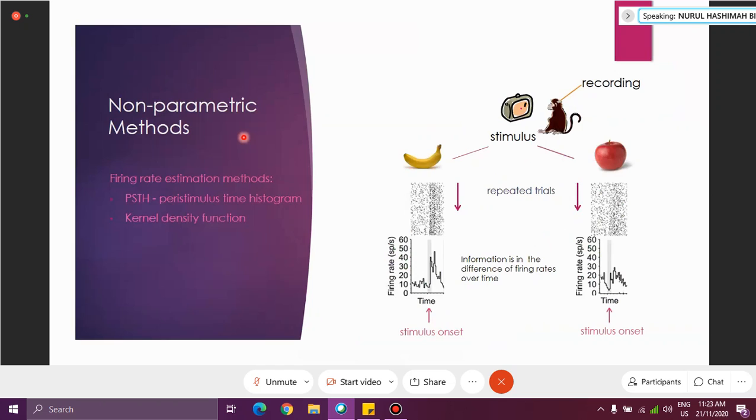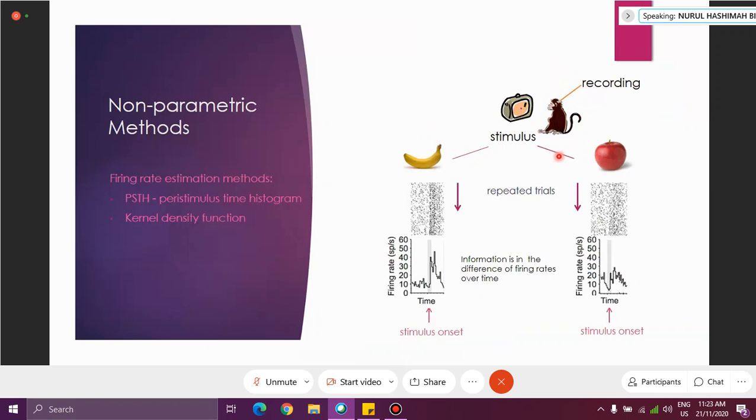So the overall process: there are 2 ways of estimating firing rate. One is non-parametric methods, and the other is parametric methods. So we have a monkey here, so we put the electrode on the monkey's brain and let it see some pictures.